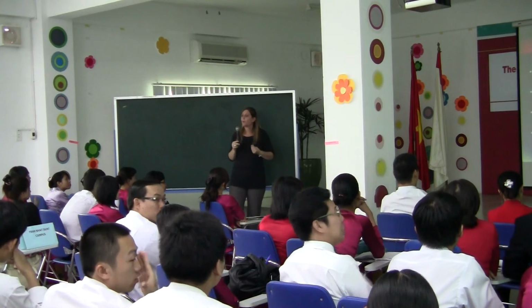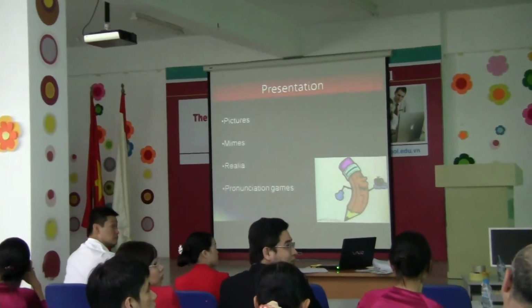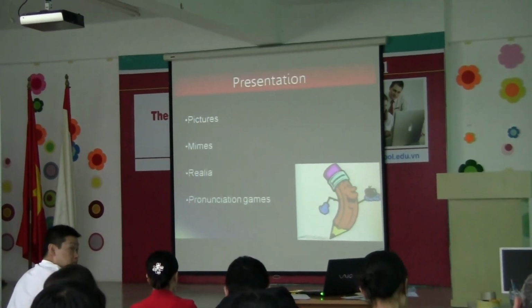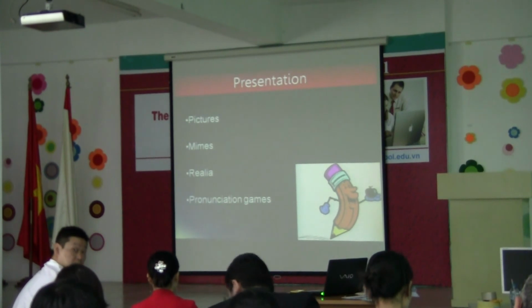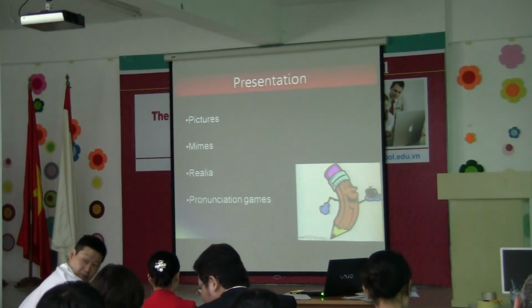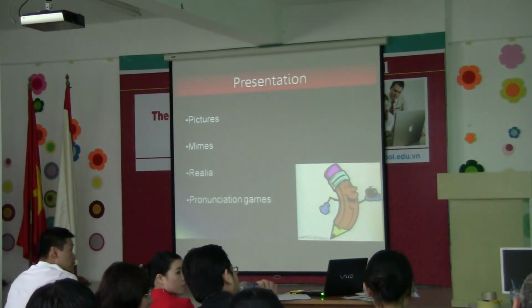Some of the other ways that we can present language. Yeah? We present language in a course book because it's got pictures or matching activities. But we can also do things like miming. So for example, what's the best way to teach the word walk?